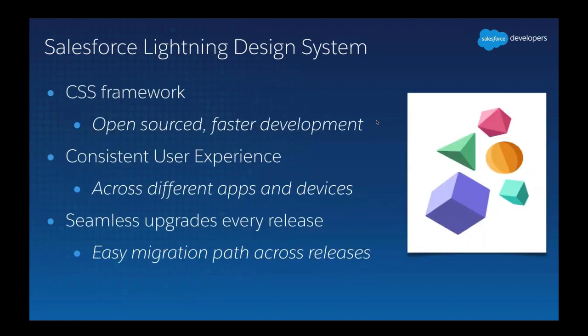Now, as I mentioned, everything is based on the Salesforce Lightning design system. So that means that we are taking full advantage of that CSS framework to provide that consistent user experience and, again, get those upgrades each and every time that the SLDS team pushes a new version of the Lightning design system.